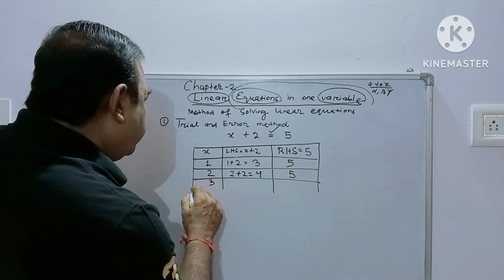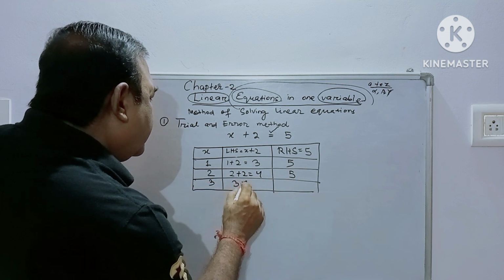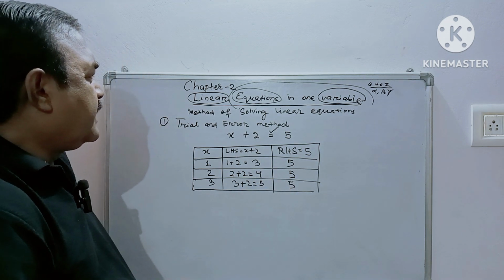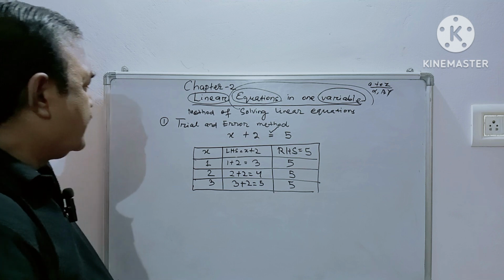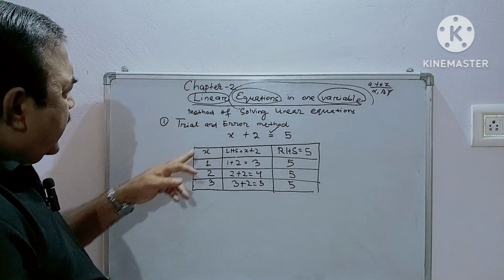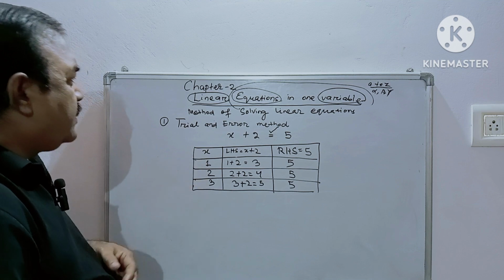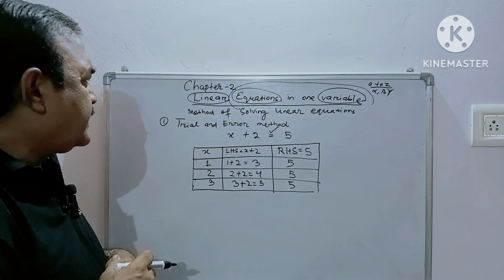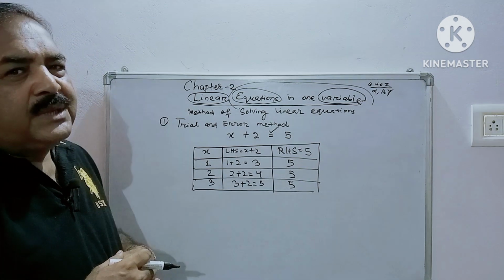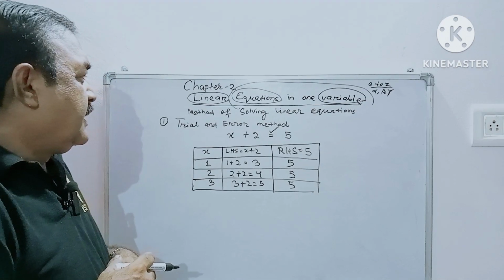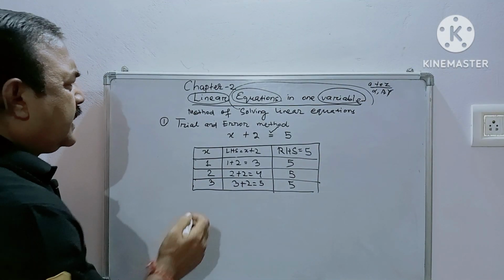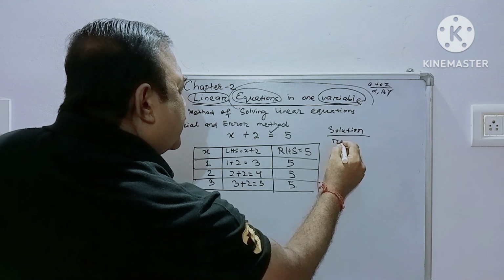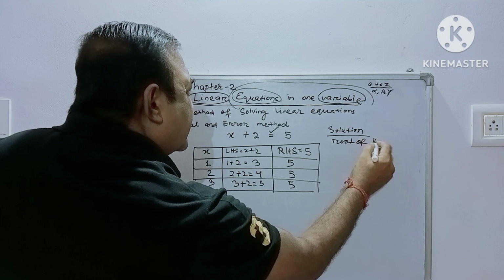Then go to 3. 3 + 2 = 5. Here left hand side is equal to right hand side. So for the definite value x = 3, the left hand side is equal to the right hand side. That means we got the solution of the equation. We found the root of the equation.